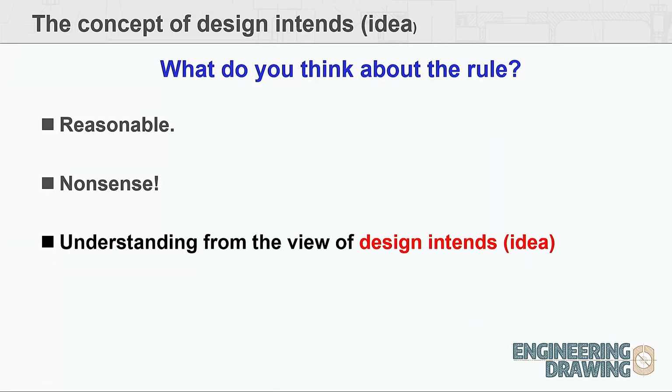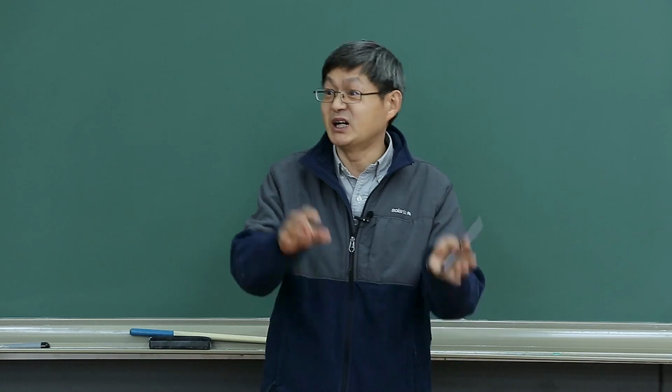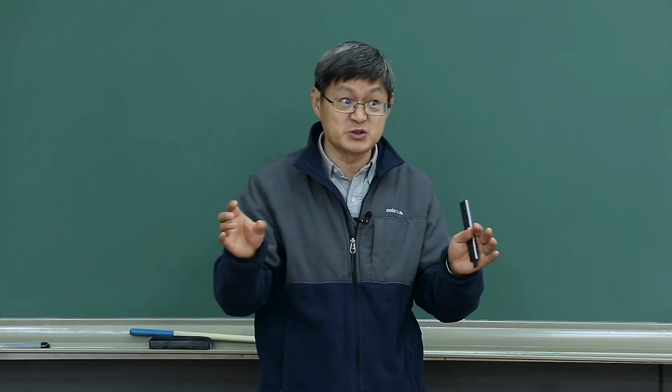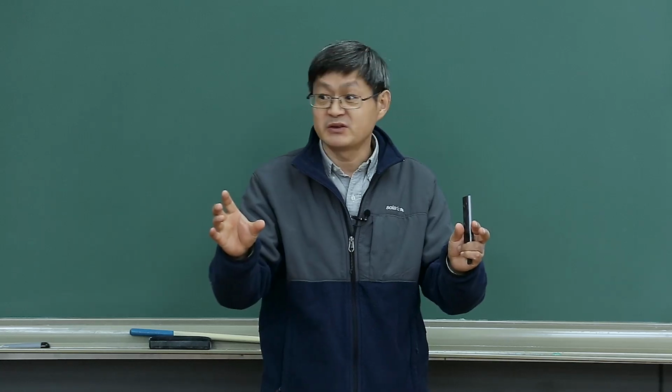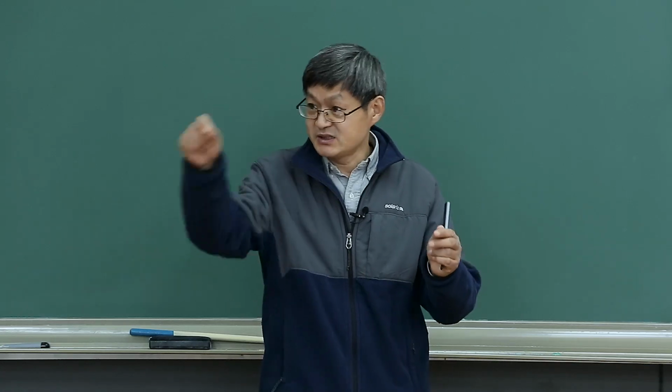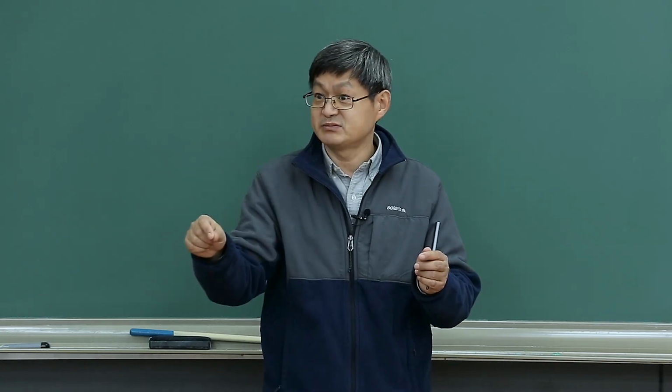Why is it reasonable? We should understand this from the view of design intents. That is, which is independent, which is dependent on the others. Of course, we should dimension the elements which are our intents.